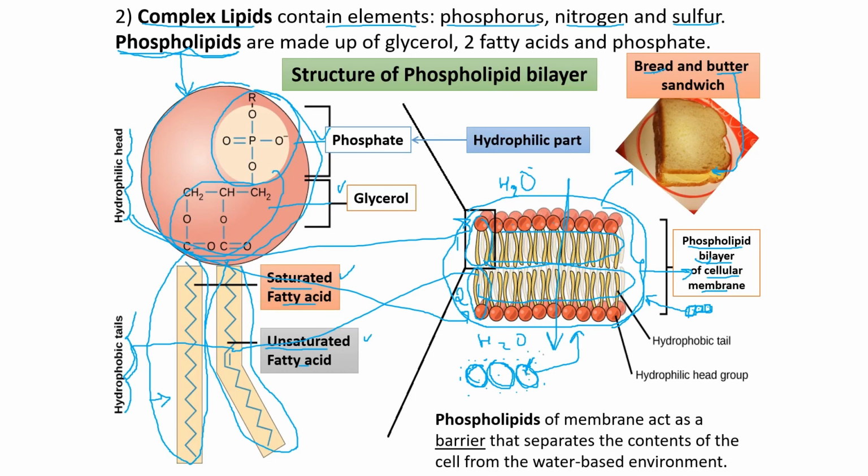This is outside of the cell. This is inside of the cell. So water cannot easily pass inside from the outside because the cellular membrane is a barrier. It prevents the easy flow of water or anything else together with water.